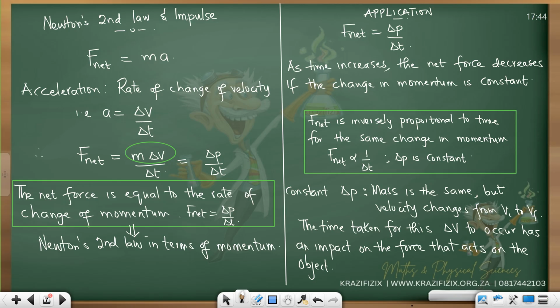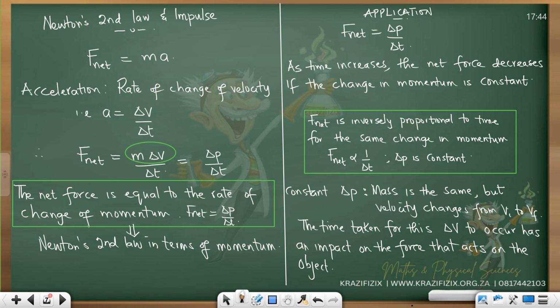Just waiting for you guys to write, so we go into that explanation in detail quickly. Force and time are inversely proportional only if the change in momentum is constant. And I quickly want to explain that. Can we move on quickly?